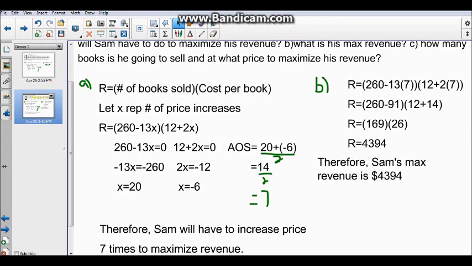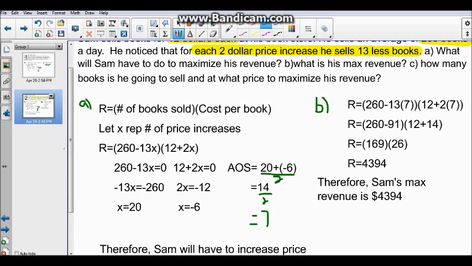And question C was pretty much asking us how many books he is going to sell and at what price to maximize his revenue, and we pretty much found that out in question B. As we know that revenue equals the number of books sold, which was 169, which is what the question is asking, and the cost per book, which is also a part of the revenue formula, which we found out was 26.